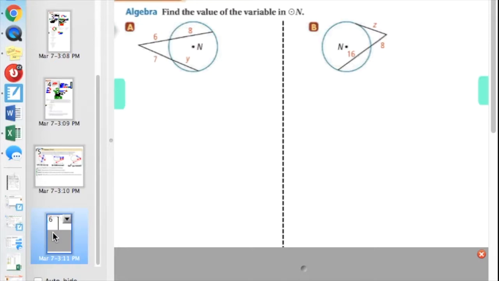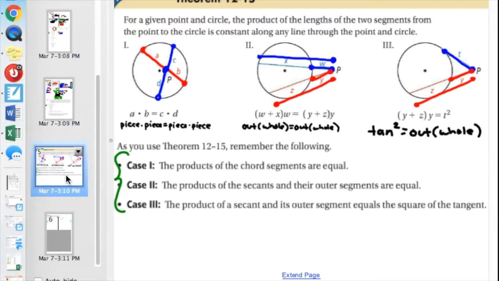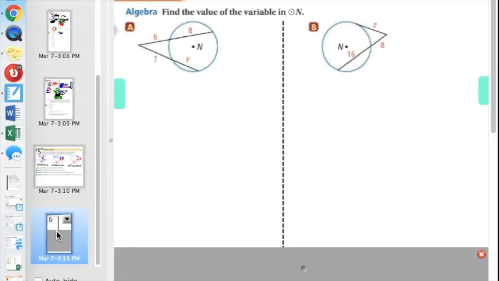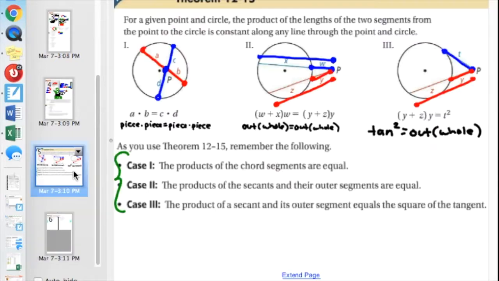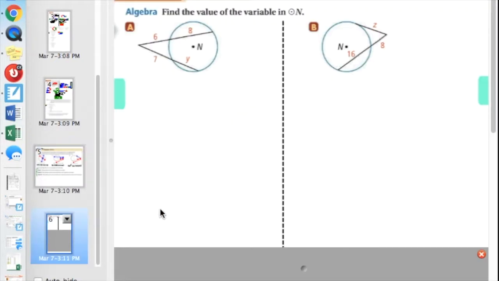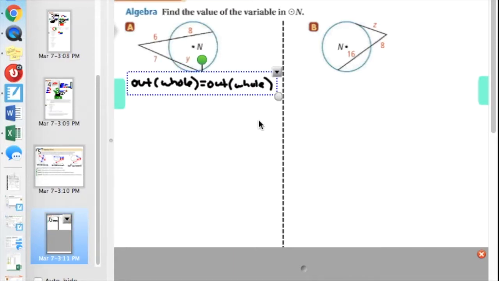All right, so my first example, I'm noticing I have two segments that have an outside piece as well as pieces on the inside. So I'm falling under the second category here of outside times whole equals outside times whole. So that's what I'm going to think about. The outside times whole equals the outside times the whole. And I'm going to write that down on my paper right here. Outside times whole equals outside times whole.